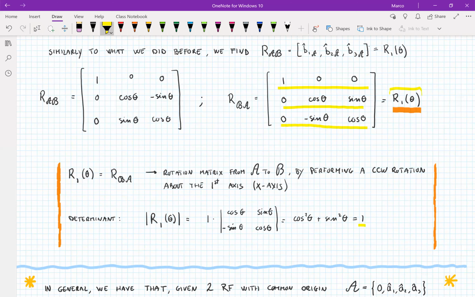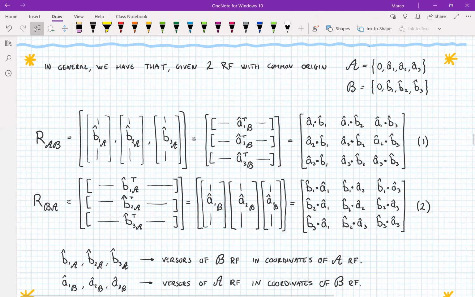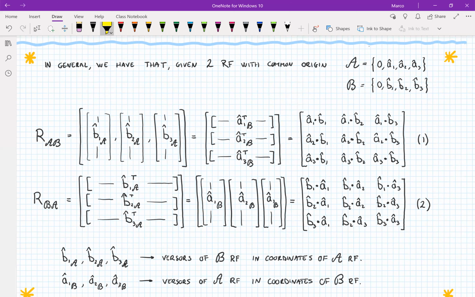But before going there, I just want to write down a general form for the rotation matrix between A and B. Either if we go from B to A, or from A to B, so RAB or RBA, I want to give you general expressions on how to form such rotation matrices.